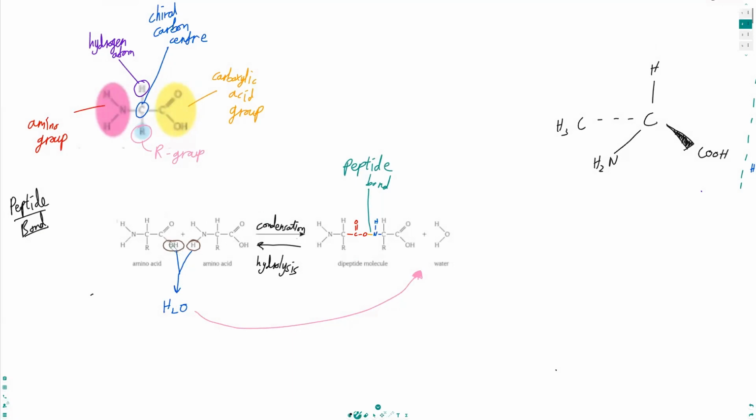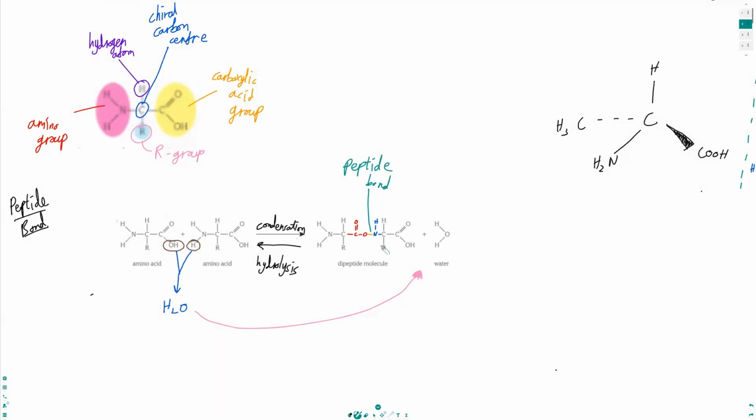In the process, they release water. This is known as a condensation reaction. And then a peptide bond is formed between the two amino acids. This is the peptide bond here, between the O and the N. That's what we term the peptide bond. And here you can see water being released in the process. So that's making a dipeptide.